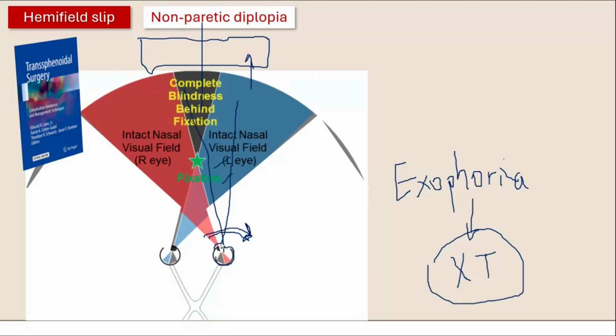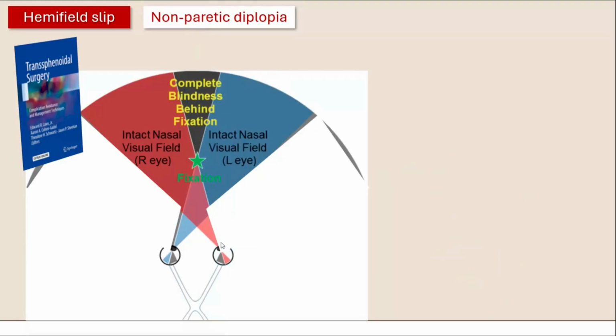So what is the end result? There will be an overlap between the intact nasal field of the left eye and the intact nasal field of the right eye. Did you get it? Yes, okay. One more time. This eye will decompensate and deviate outward. Its visual field will also move in this direction.